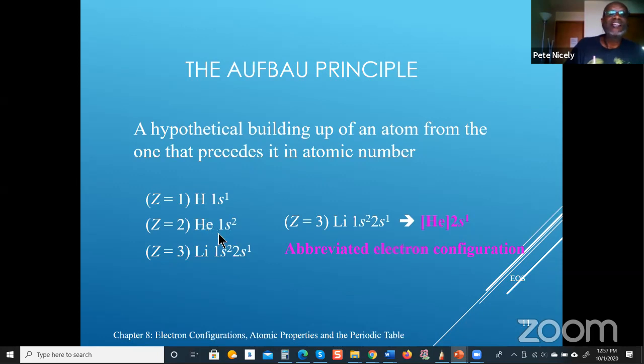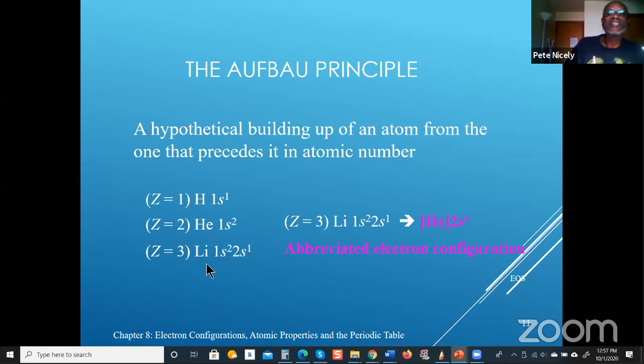And then to go from helium to lithium, you add 1 electron, but that electron cannot be occupying the 1s sublevel because the 1s sublevel is already full. Remember, each orbital can have a maximum of 2 electrons. So the s orbital here cannot have more than 2 electrons. Therefore the next electron that's added will be added to the next sublevel, which would be the 2s sublevel.